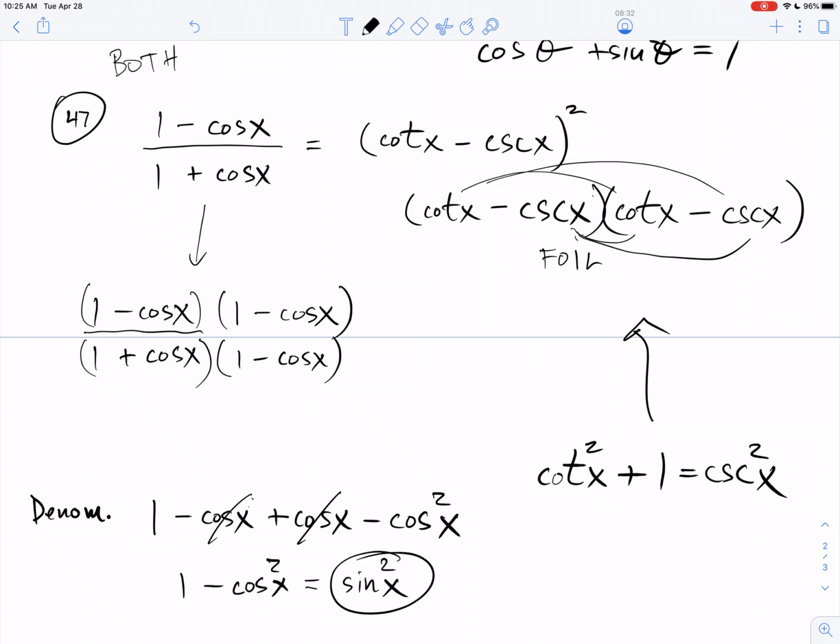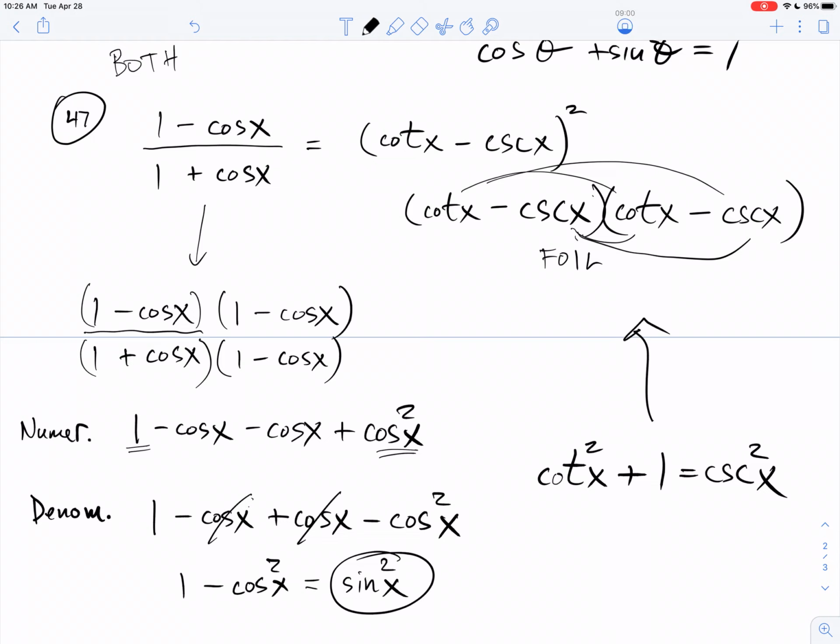Now, in the top, if I FOIL it, let's look at the numerator. I gave myself a little room here. If I FOIL the top, I get 1 times 1, and then I get a negative cosine x. I get another negative cosine x, and then I end up with a positive cosine squared x. Now, don't be fooling yourself saying 1 plus cosine squared x is sine squared.